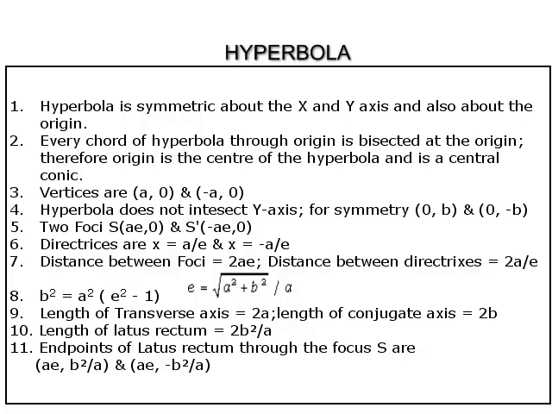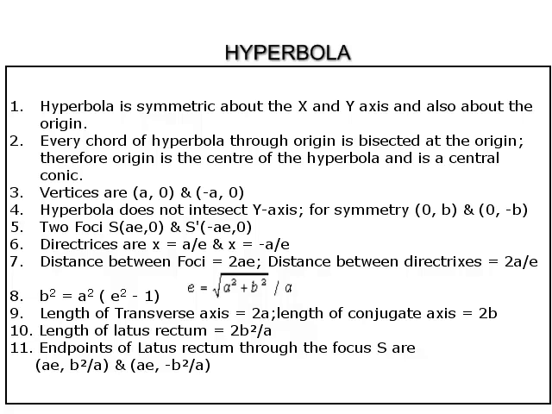Here we have taken b square equal to a square into e square minus 1. Therefore, on rearranging the terms, we get e equal to root of a square plus b square upon a. The length of transverse axis is 2a and the length of conjugate axis is 2b.